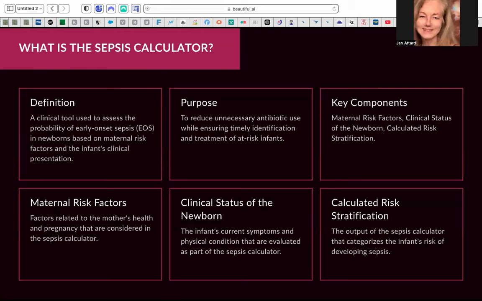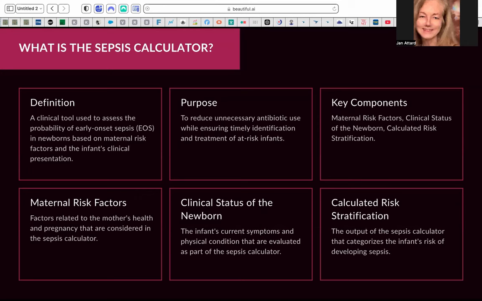Each nurse looks at things differently, but overall, we're evaluating the same. So it is a tool used to assess the probability of early onset sepsis in a newborn based upon maternal risk. The purpose is to reduce unnecessary antibiotic use while ensuring timely identification and treatment of at-risk babies.